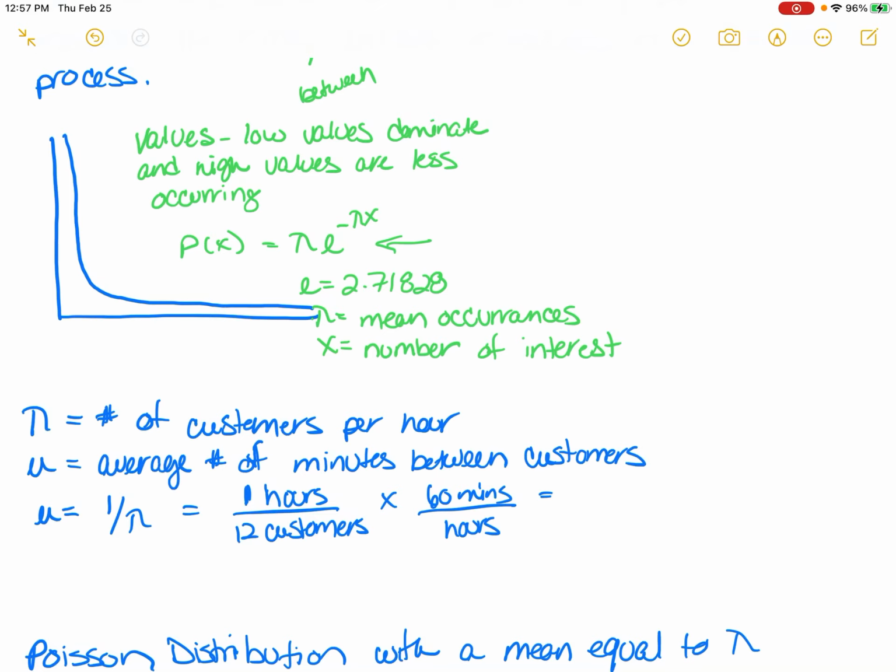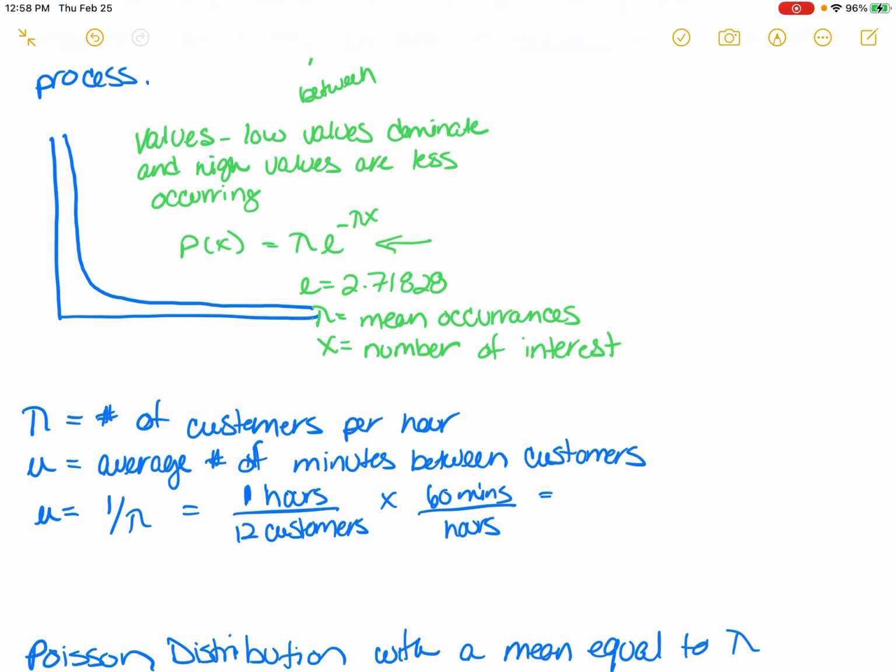So you're given a situation in the book, and I think the book is telling you that lambda is equal to 12 customers per hour, right? So it's saying you have 12 customers per hour. And then mu is the average time between customers, and mu is equal to 1 over lambda. So if we have 12 customers per hour, we know that there's 1 hour over the 12 customers.